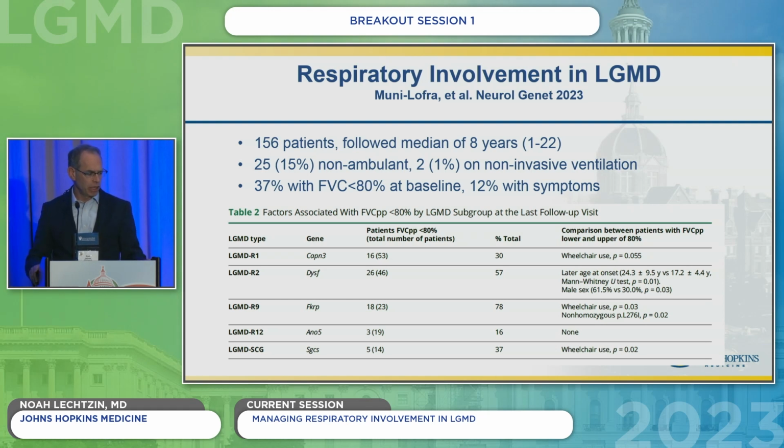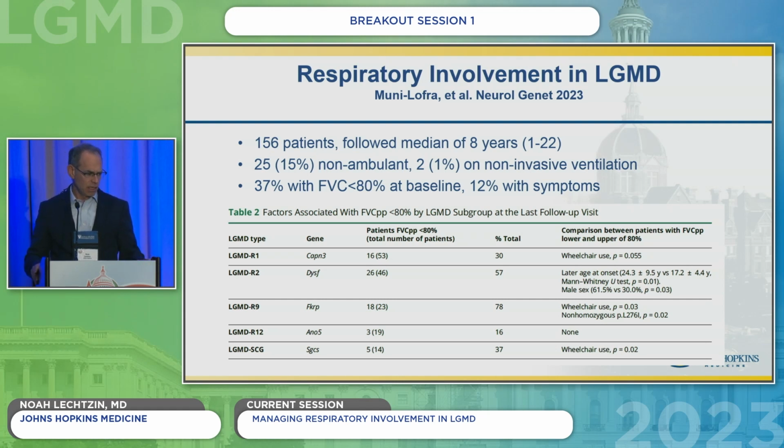And so this table here shows the 5 different subtypes that were in this study, so R1, R2, R9, R12, and then they grouped the handful of sarcoglycan patients into one group because there were only 14 of them, and they tend to behave fairly similarly.